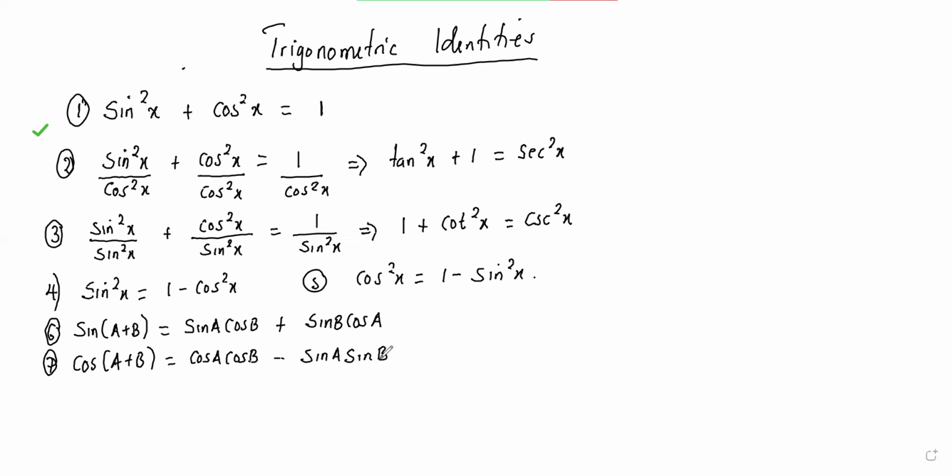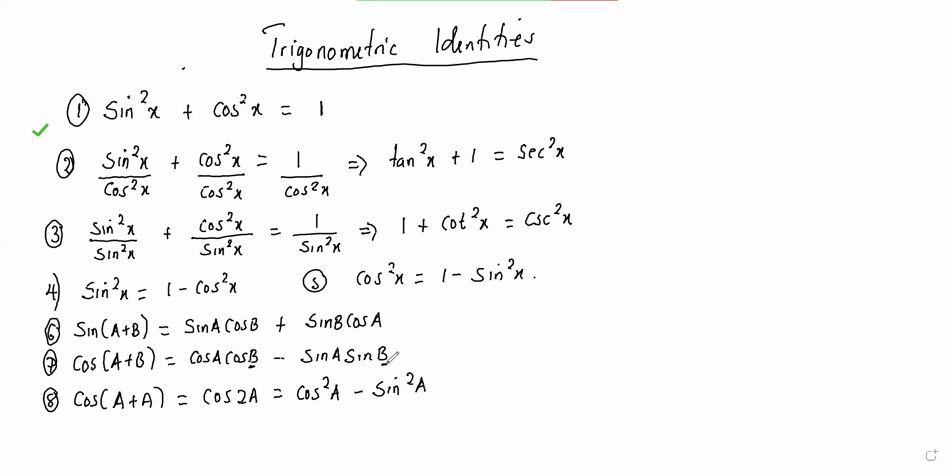Okay, so where there is A and B there, if I decided to put A plus A, I'm going to have cos 2A, like that, which can be expanded as cos squared A minus sine squared A. You see?